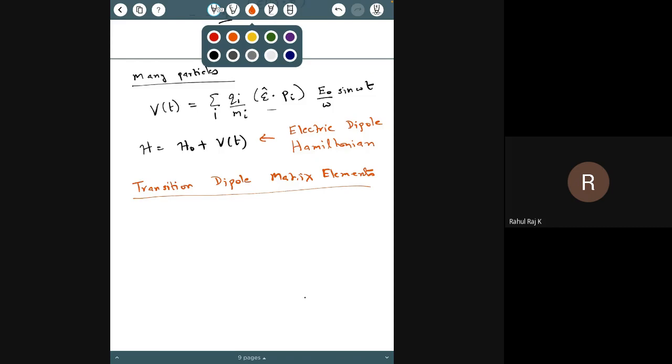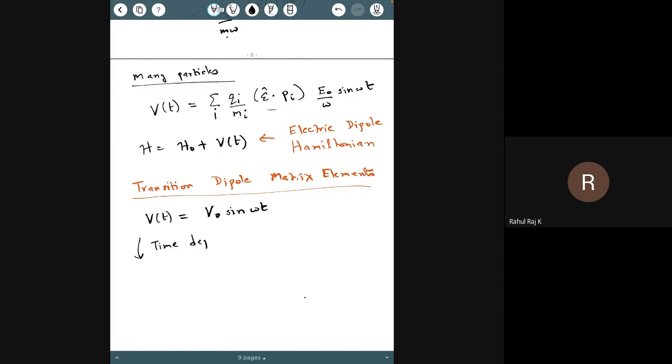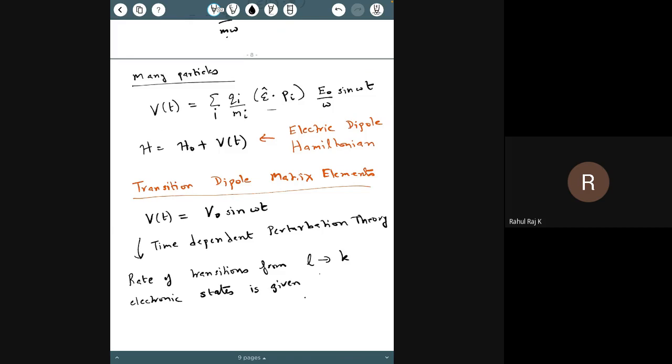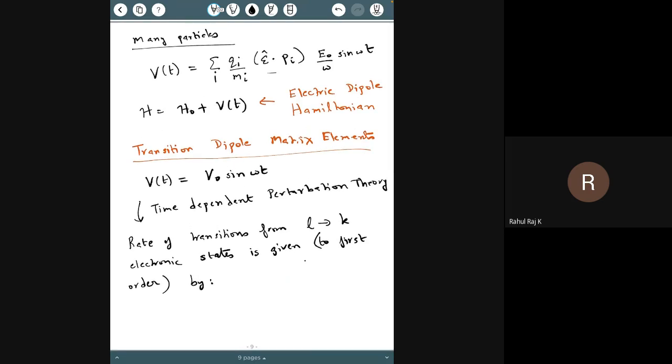So if you have a perturbation of a form which is basically just some constant into sine omega t, then by using time-dependent perturbation theory, you can show that the rate of transitions from L to K, let's say, these are two electronic states, is given to first order by this.